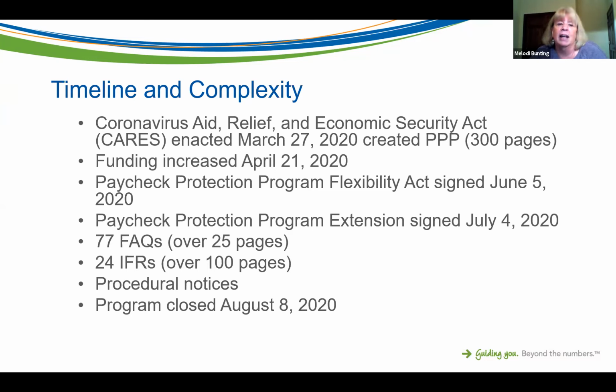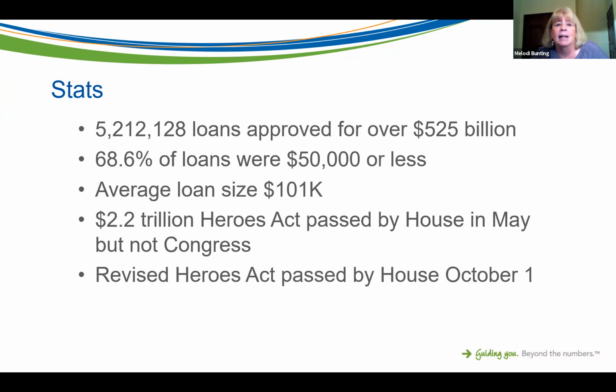The good news is that a lot of it has made things simpler as we go forward, but not always. And ongoing situations with the pandemic obviously continue to add complexity. Overall, during the availability of PPP, there were over 5 million loans approved and over 525 billion given out in those loans.